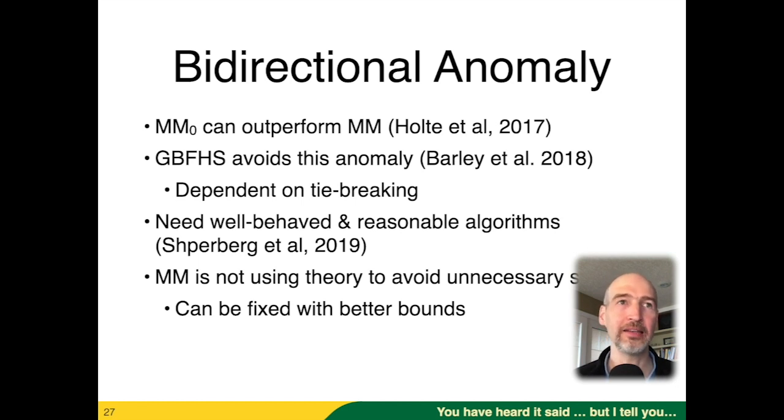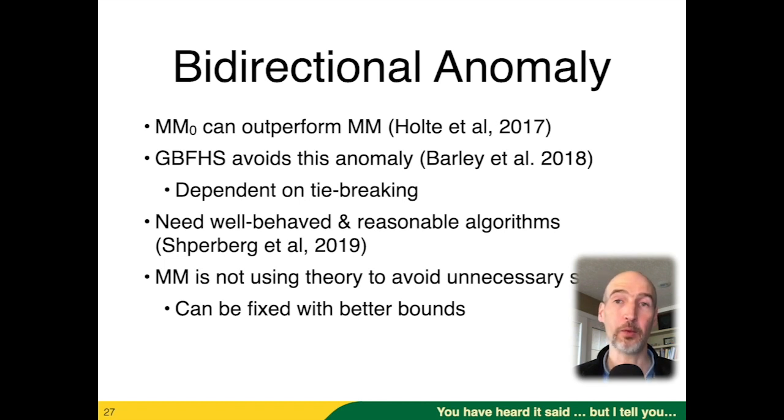So in 2019, there was again some more theory that came out that said, look, we can generalize the idea that was directly developed for a single algorithm to many different algorithms. And we can give these properties of algorithms being well-behaved and reasonable, which basically says, do we expand states with f greater than C*, and other things like that. And so those are fairly simple properties, but what was shown is that MM was actually not using this theory.